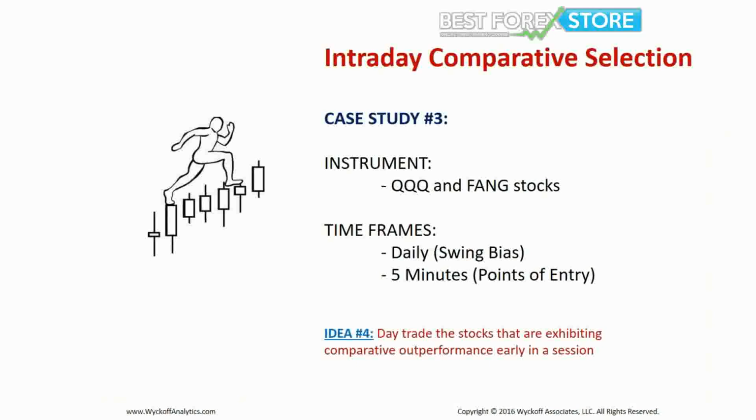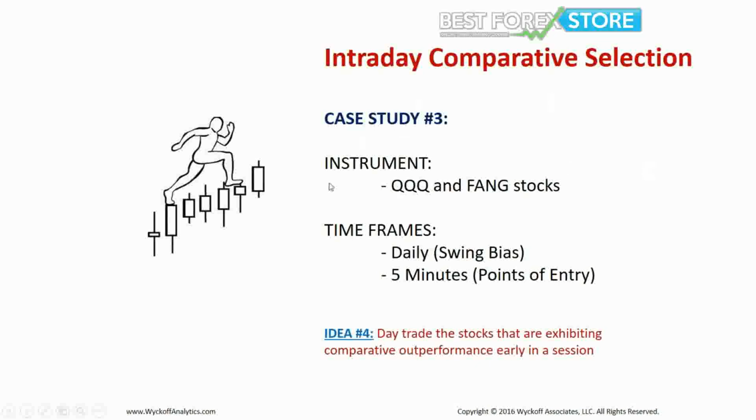I was having a lot of fun with it, because that's a setup that I use for day trading stocks, and also as an initial point of entry for swing trades.